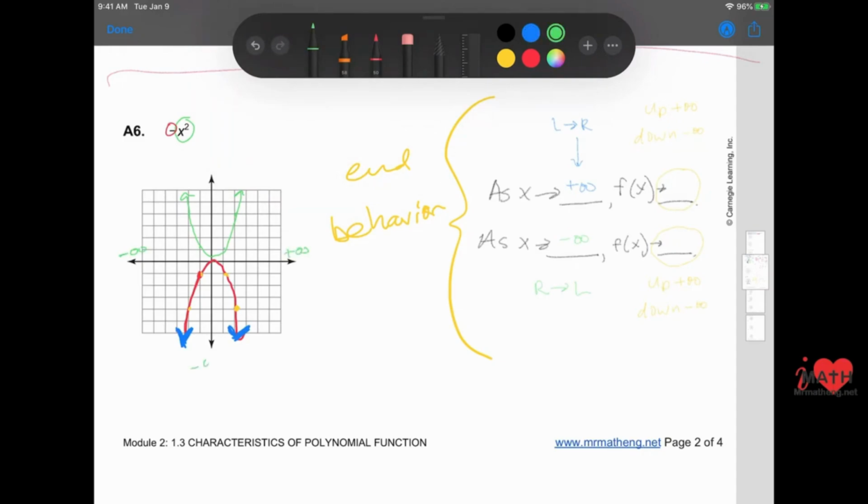Going down is negative numbers on the y-axis, which would be f of x, and this is positive infinity. So the sentence says, as x approaches positive infinity, and I'm going to use my highlighter, as x is going from left to right, what happens to the roller coaster of life? This one goes down. Down is negative infinity. So let's write that.